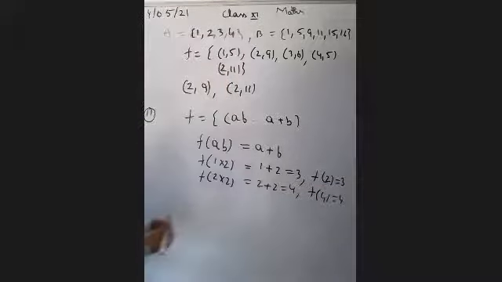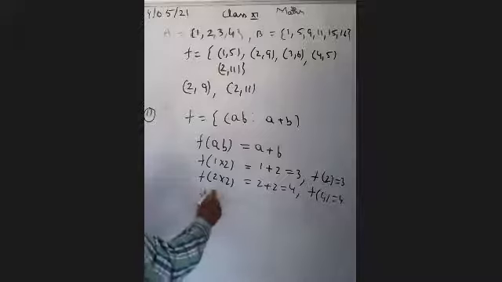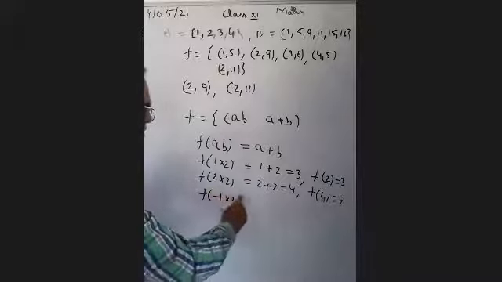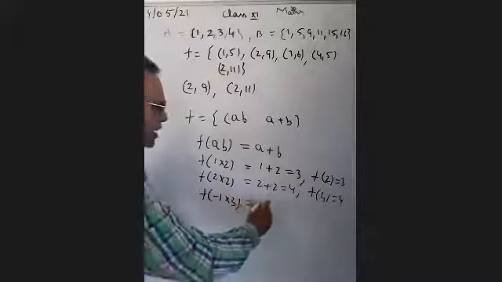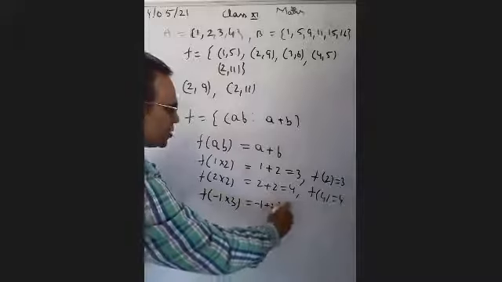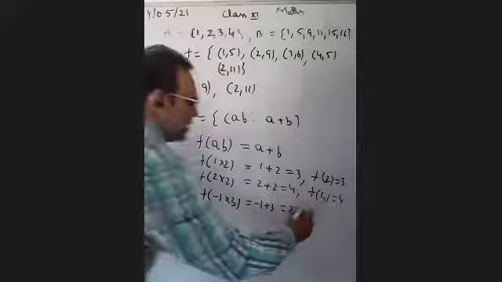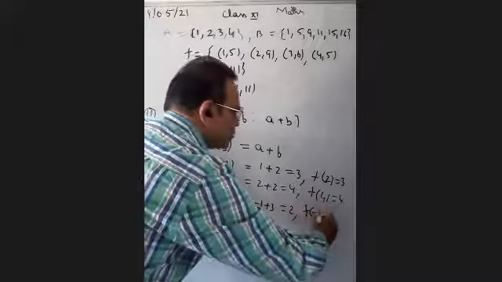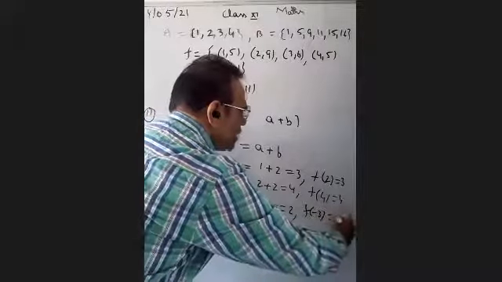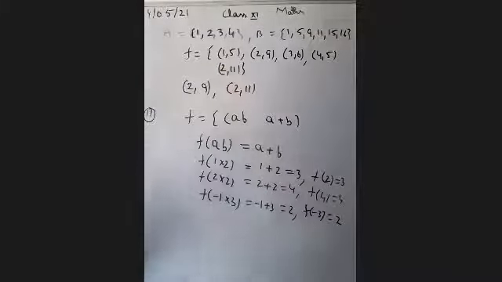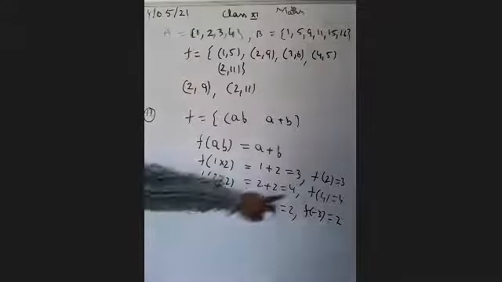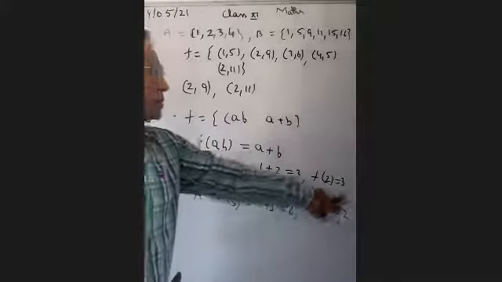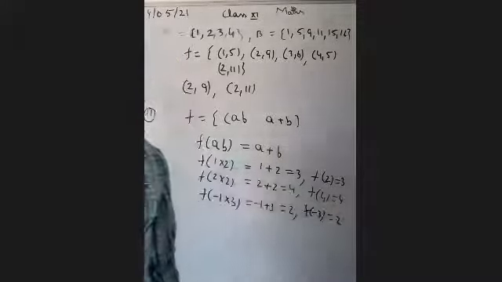You can take any element. Suppose if I take f(-1 into 3), it means minus 1 plus 3 equal to 2, f(-3) equal to 2. Okay, by the given rule, we can find the domain and range. This is the domain: 2, 4, minus 3. This is the range: 3, 4, 2.